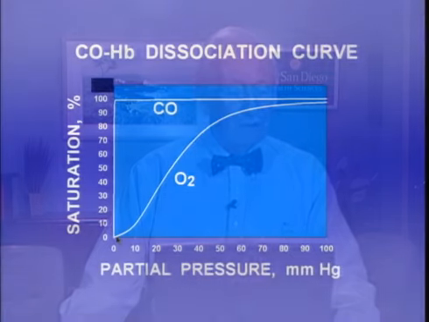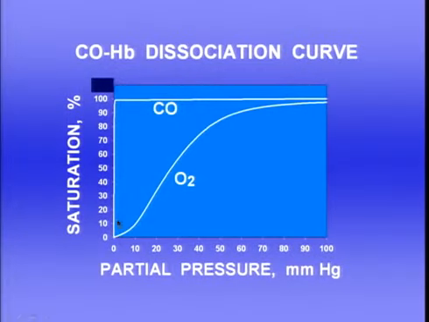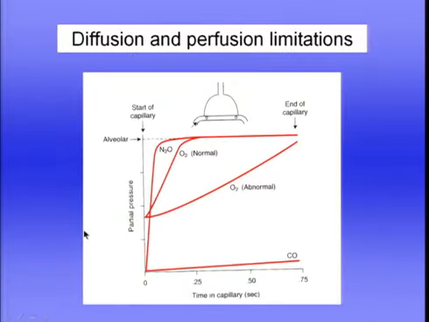So even at a very, very low partial pressure, way down here, you've got essentially full saturation of the hemoglobin. So what that means is that when the carbon monoxide moves into the capillary blood, the blood is able to absorb, to combine with a large amount of carbon monoxide for an extremely small rise in partial pressure. And the upshot of that is that as the blood moves along the capillary, the PCO, the partial pressure of carbon monoxide, hardly changes at all.